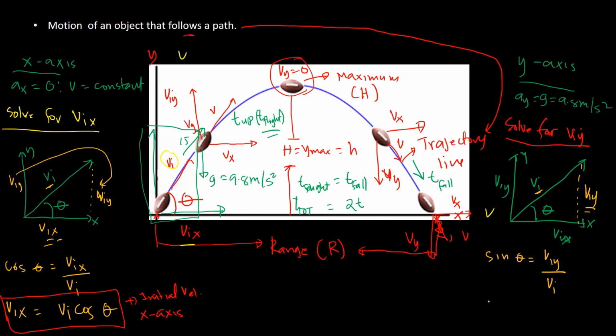You cross multiply that, and this becomes v sub iy equals v sub i sine of theta. And this is now exactly the formula for finding the initial velocity along the y component. So we have already extracted the formulas for solving the initial velocity along the x-axis and y-axis. Now let's move on.